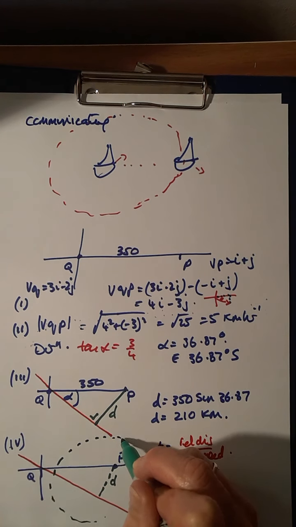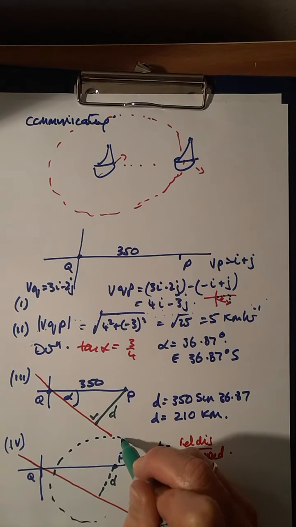And again, I'm going to do the same on the other side, from P to where it touches the relative velocity line. And that distance there will be 290 kilometres, and this will be 290 kilometres.